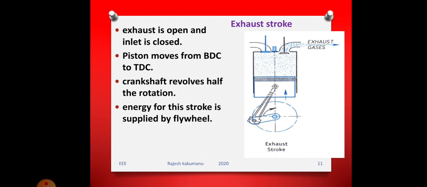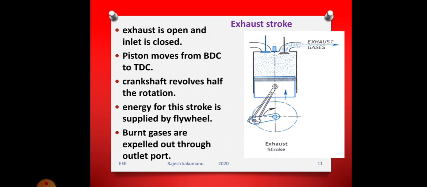Now the energy for this stroke is supplied by the flywheel. Whatever energy is produced during the 3 strokes is stored in the flywheel, as we discussed earlier in 4-stroke engines. Now whatever energy is there in the flywheel is supplied to this stroke and makes the piston move in the other direction.